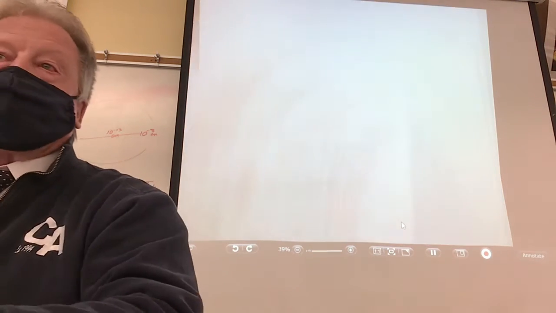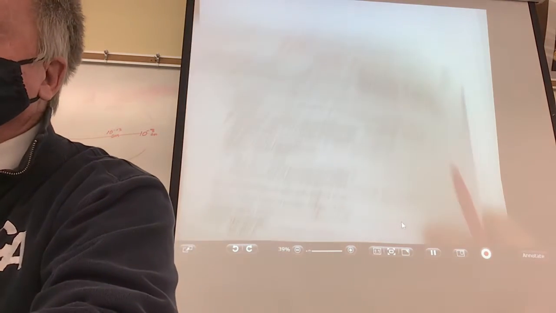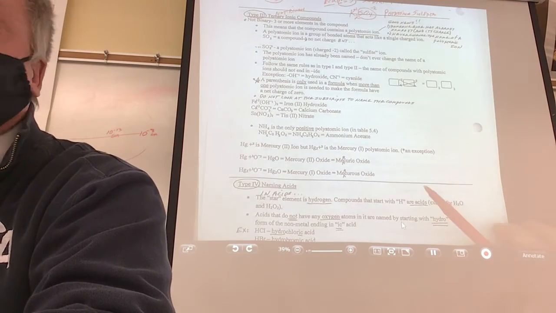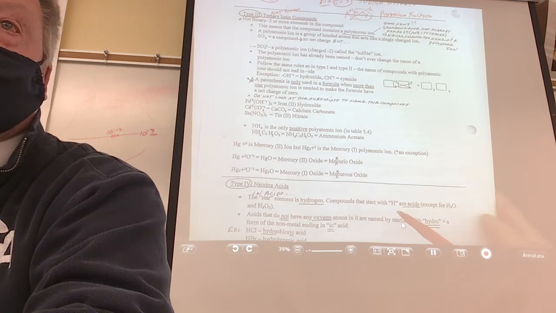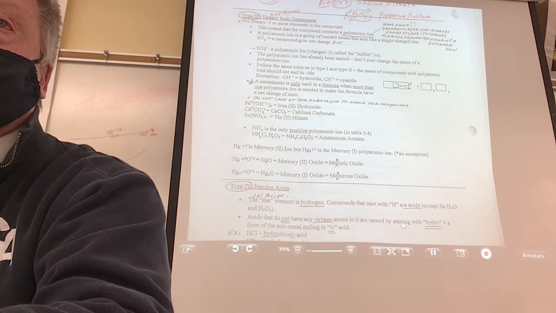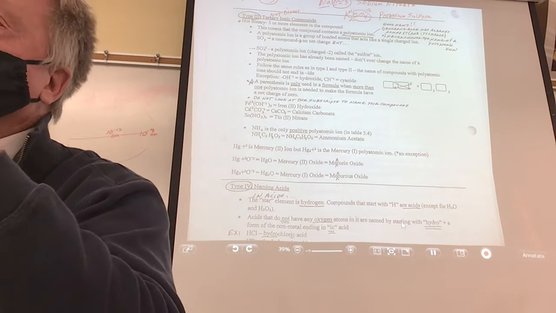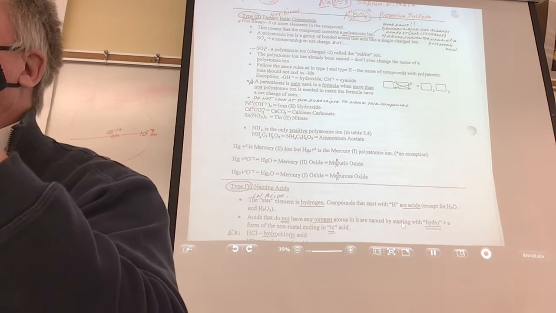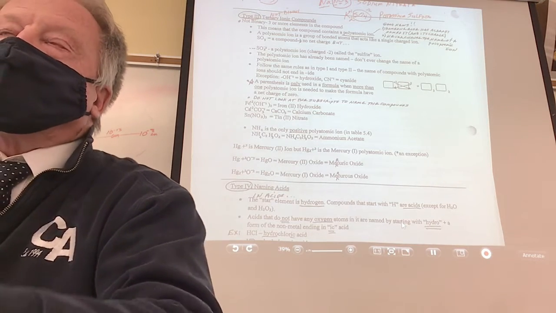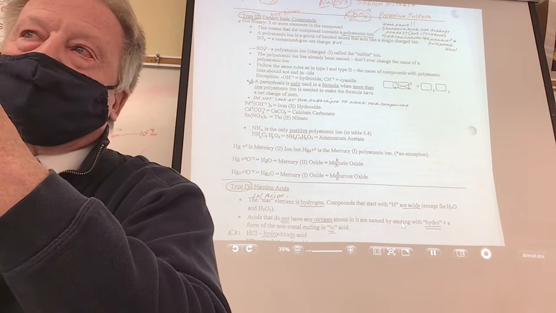Now, when you go to type 3, it seems scary. But it's not. It's kind of like type 1 and 2, except the second part of it is this weird looking thing that has many atoms in it. I always ask this on the test, ready? What do you call a group of atoms that are bonded together whose net charge is 0?